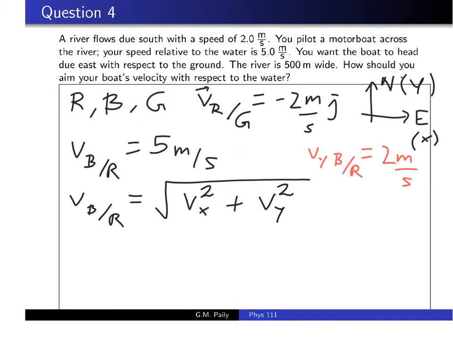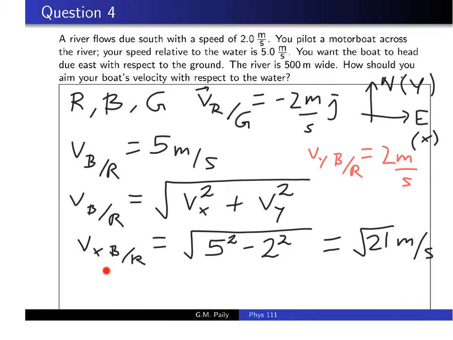And we know the relationship between the overall magnitude and the components. Putting all this together, we see that Vx, B with respect to R, is the square root of 5 squared minus 2 squared, which is square root of 21 meters per second. Since we want the boat to head east, we are taking the positive square root.